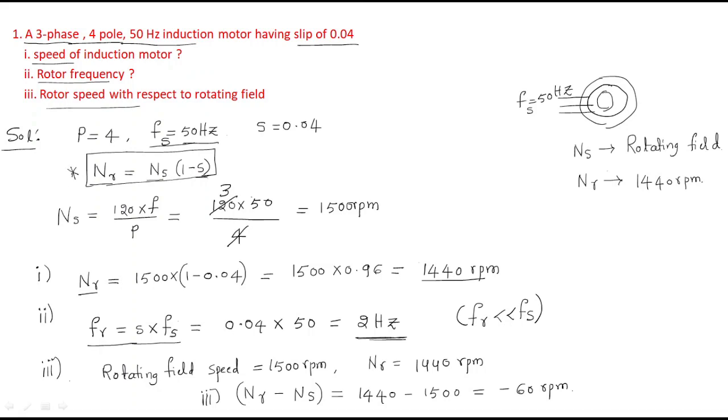This is also one of the important models, where they will ask for the rotor speed with respect to the stator field or rotor field. Then you have to compare both the speeds, then you will understand.